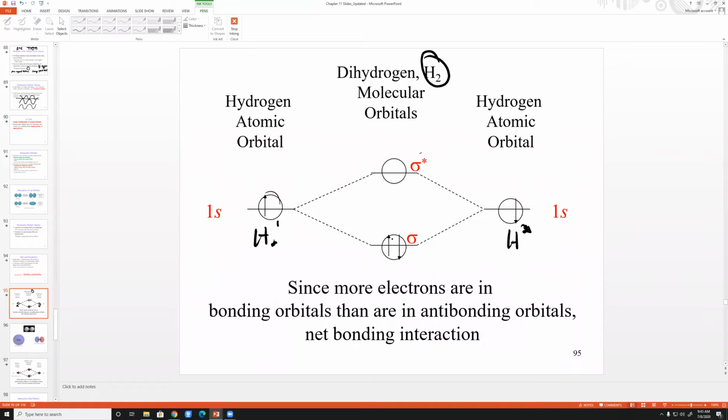So that makes sense. If you have an open sigma bonding orbital, the two electrons available that are going to be covalently bonded together are going to be taking that orbital. So, does that make sense, that concept?